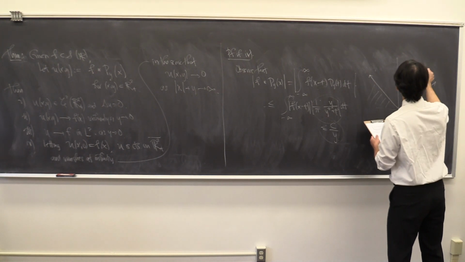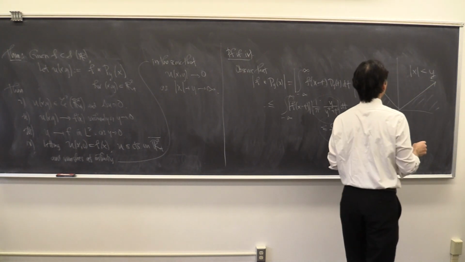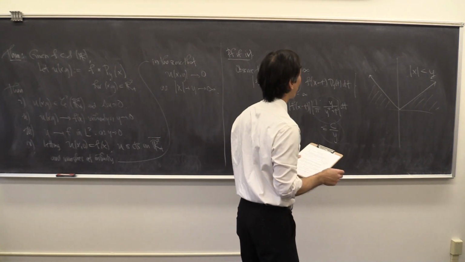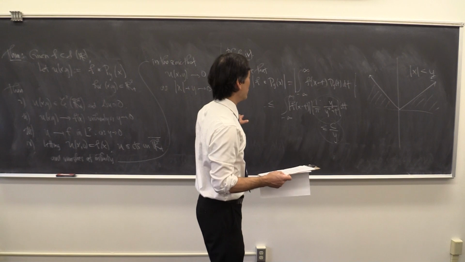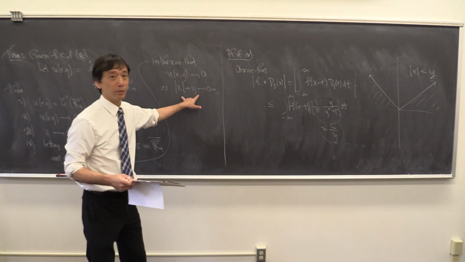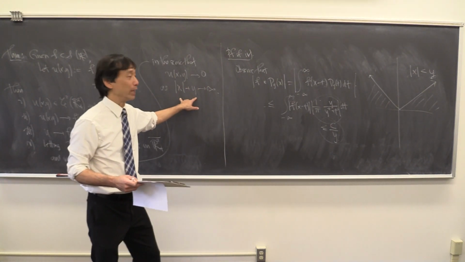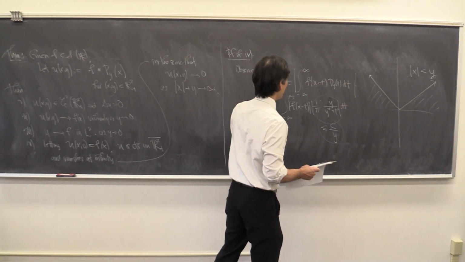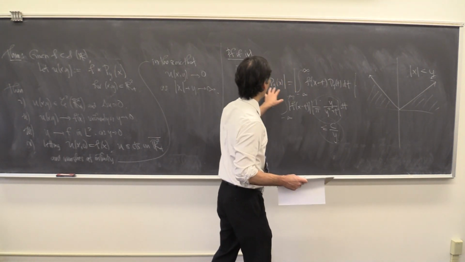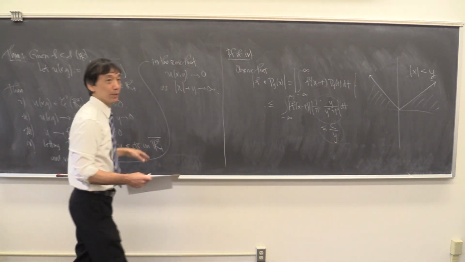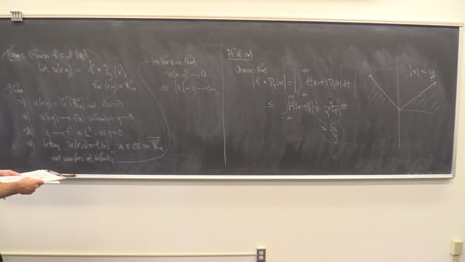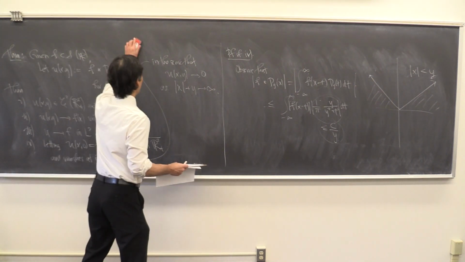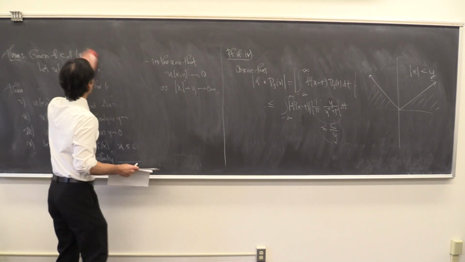So, the absolute value of x is less than y. Sorry. Then as this term goes to infinity, y must go to infinity, and in that case, by this bound, the function goes to 0.